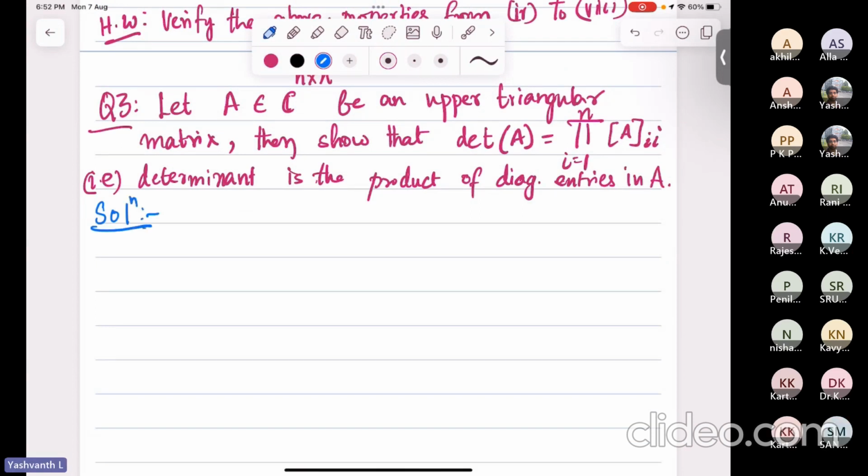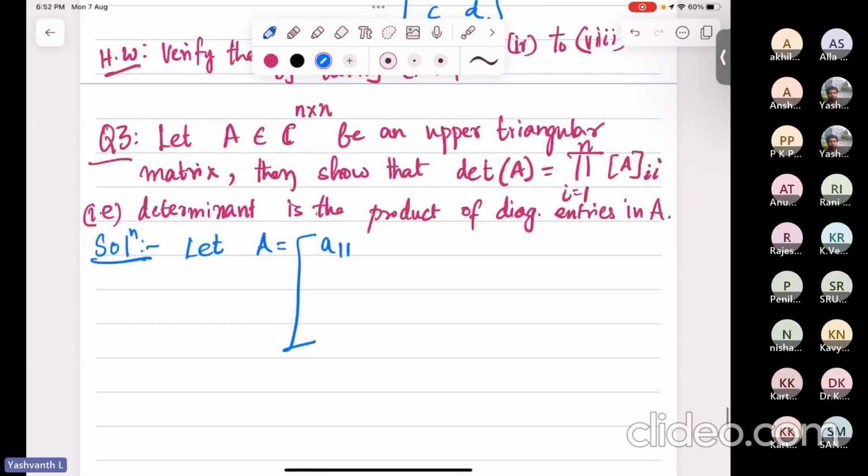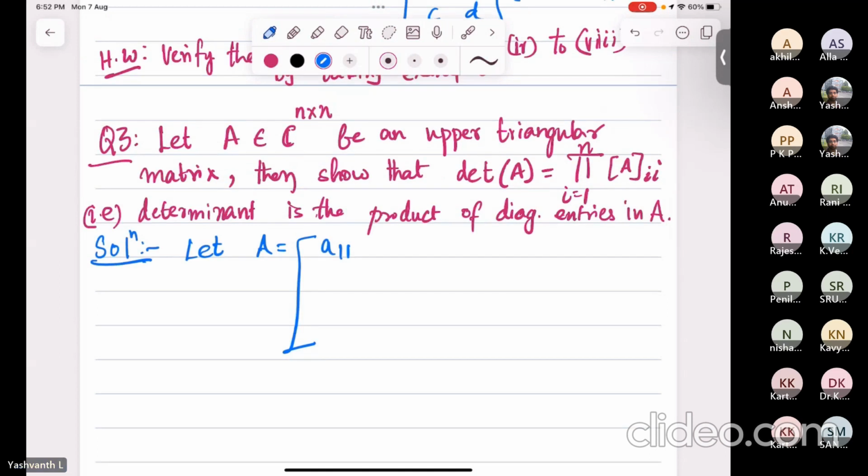Now let A be an n by n matrix, and it's upper triangular. What do you mean by an upper triangular matrix? I'm writing down that particular structure: a11, a12, and so on till a1n. Then a21, this will be 0, then a22, and so on till a2n.